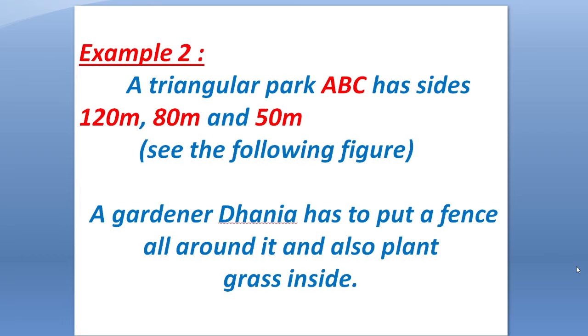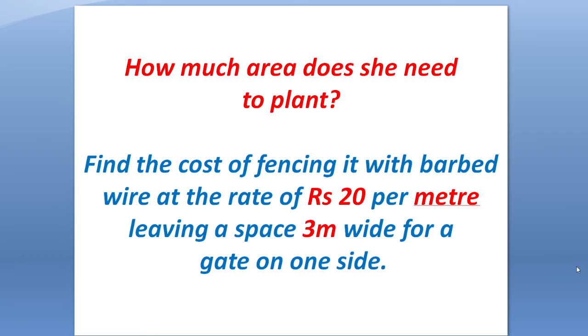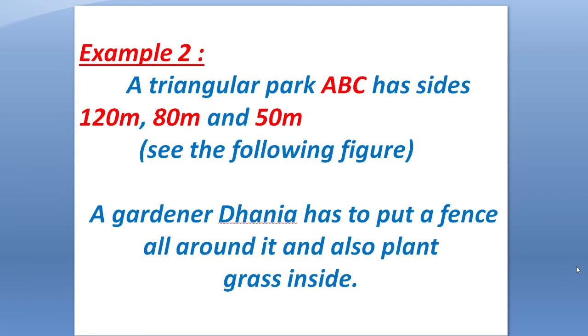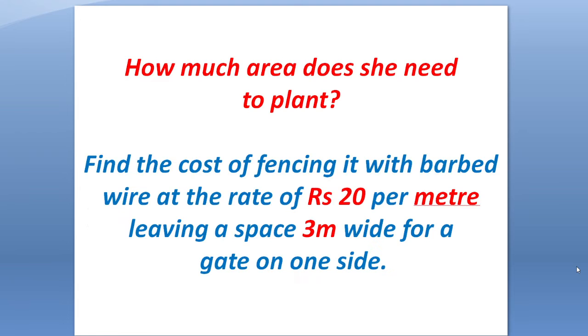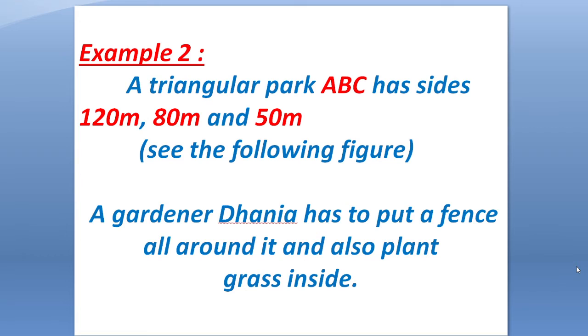A triangular park ABC has sides 120 meter, 80 meter and 50 meter. Okay, the figure is here: 120 meter, 80 meter and 50 meter. A gardener Tanya has to put a fence all around it and also plant grass inside.